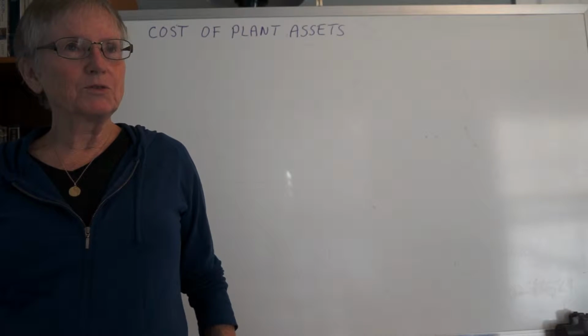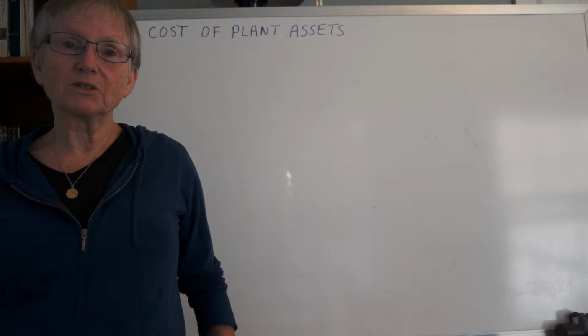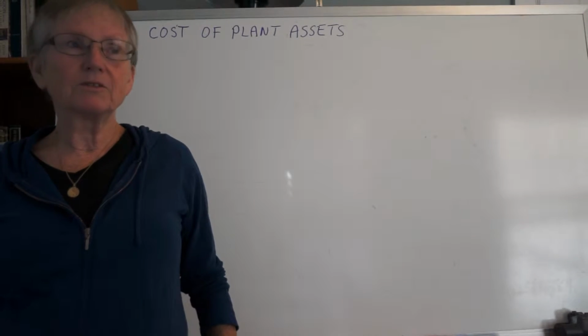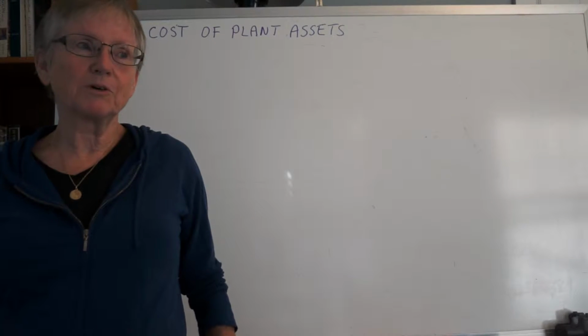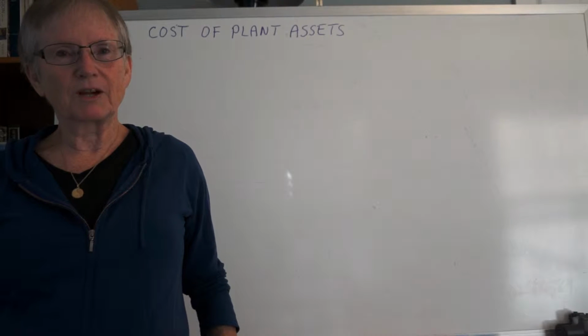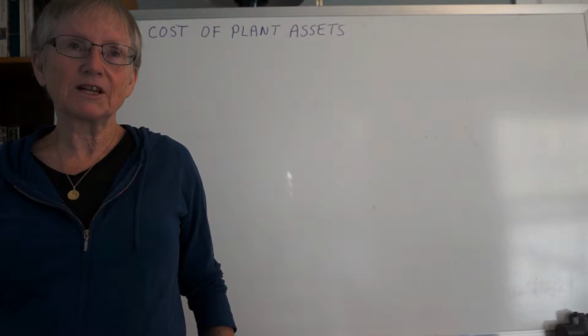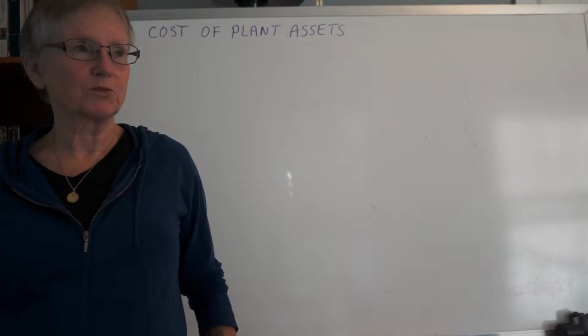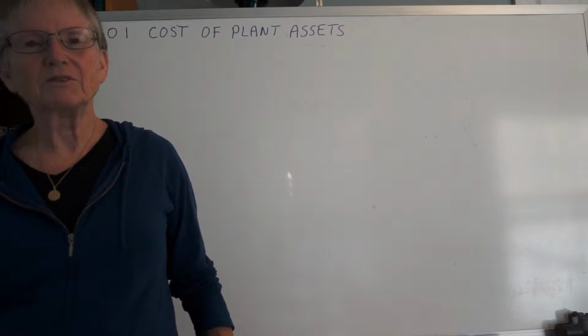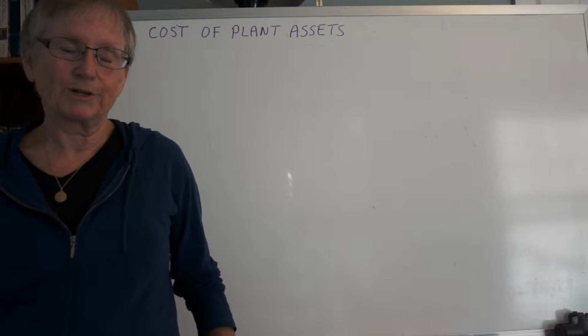This means that if you have land you're using as a parking lot, you can refer to that as land. But if your company has bought land for speculation and you're planning to sell it, that's not used in your operations, and that would be classified as an investment of some sort. The same with buildings. If you've got a building that you're using for your operations, you call it a building.